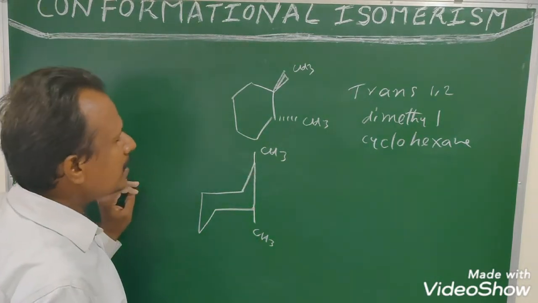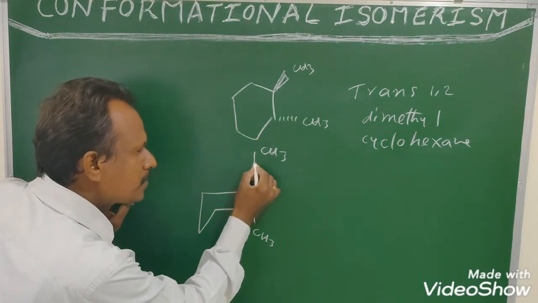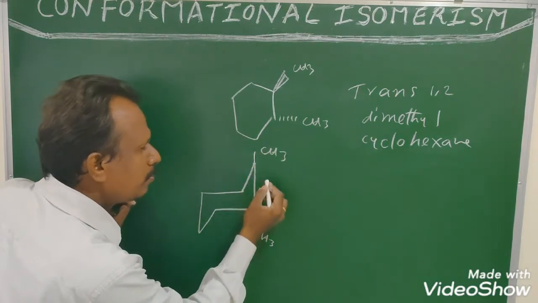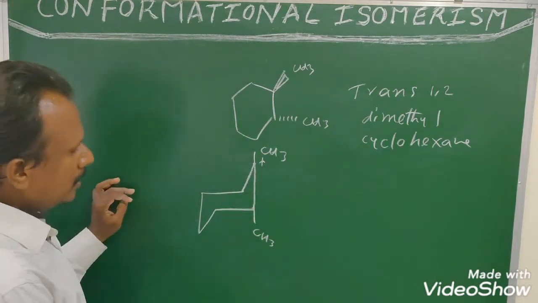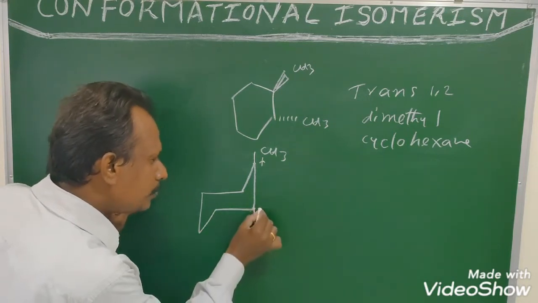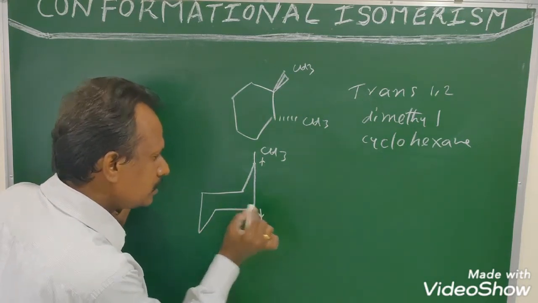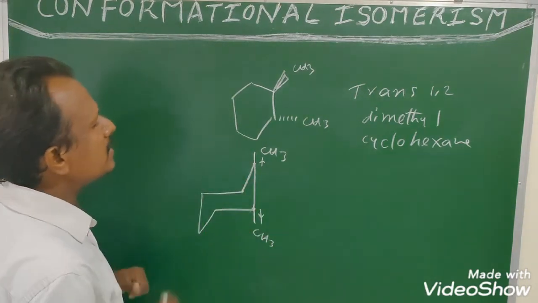How can you decide they are trans? Simple trick. From the carbon of cyclohexane to the methyl group, it is the direction. Next one, from the cyclohexane carbon to the methyl group, it is the direction. Both methyls are in opposite directions, so they are trans. Simple trick.